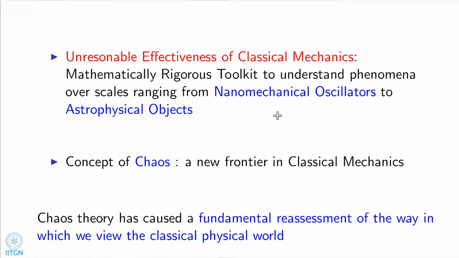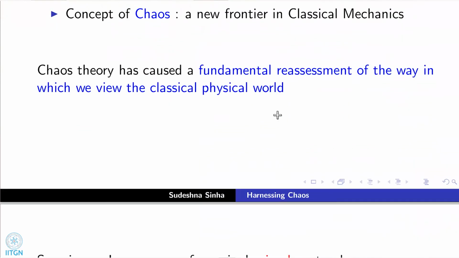You can think of it as a new frontier of classical mechanics, slightly grandiosely put, or a new kid in a very old block. Even if calling it a new science might be a stretch, it has still caused a very fundamental change in how we assess a classical physical world. So this is what I will just go over a little bit.